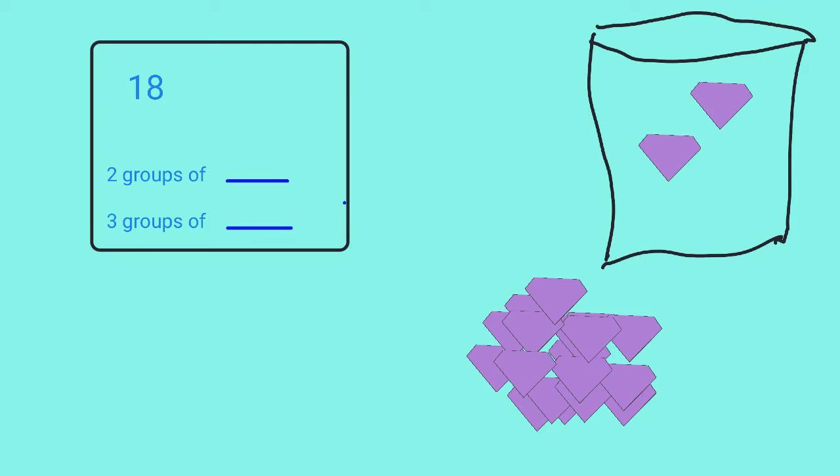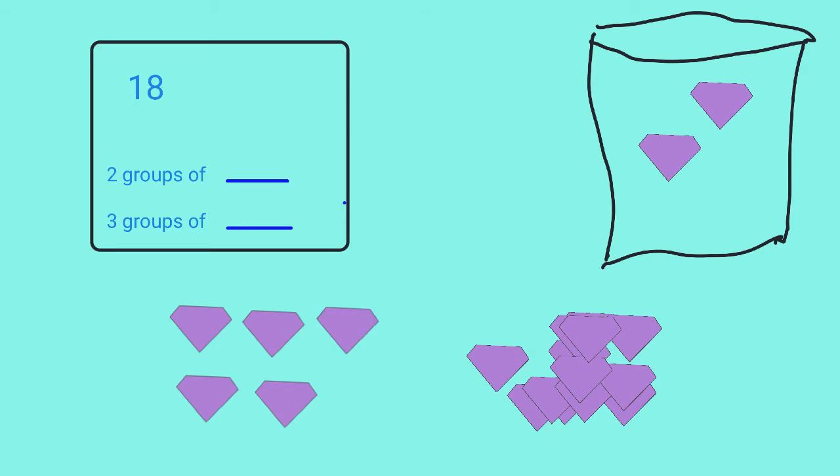Okay, now that we have 18 diamonds out, we want to divide these diamonds between you and a friend. So let's go ahead and start doing that. What is half of 18? 2 times what equals 18, everyone? Get ready?